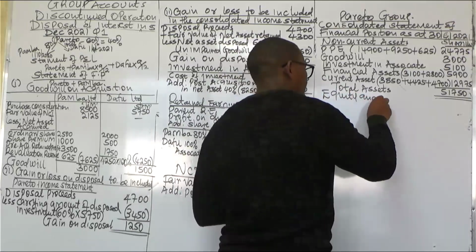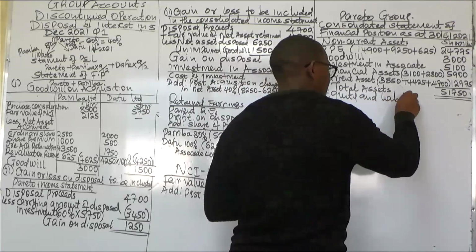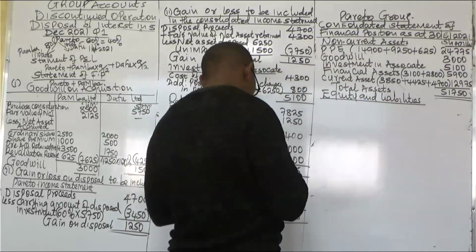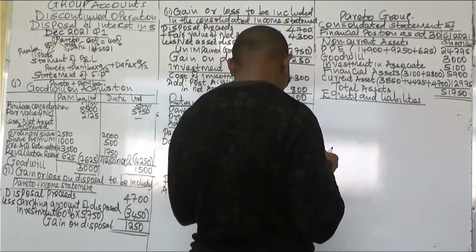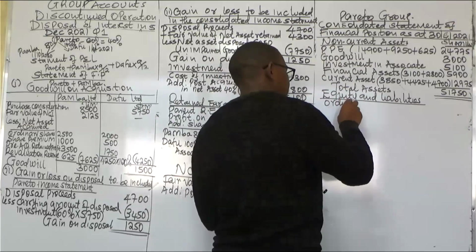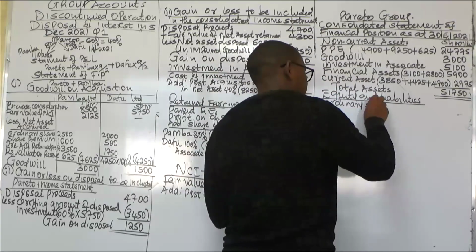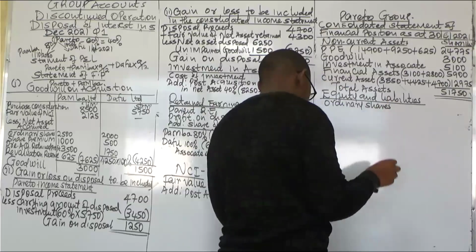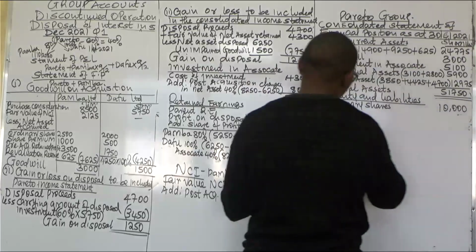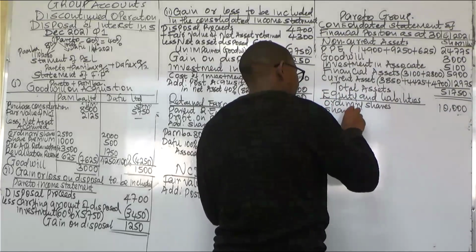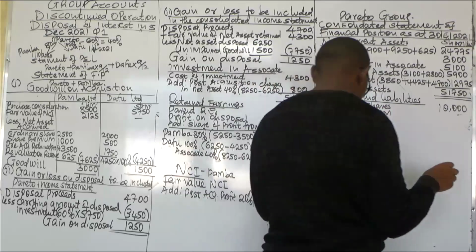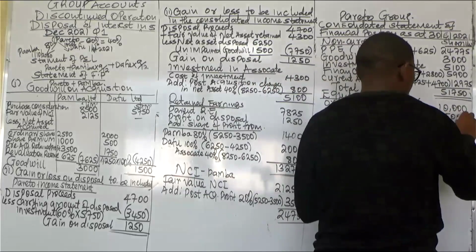Go to equity and liabilities. Here we have the ordinary share capital. Ordinary shares, here we know we pick only for the parent, 10,000. We also have the share premium, we also pick for the parent, 5,000.